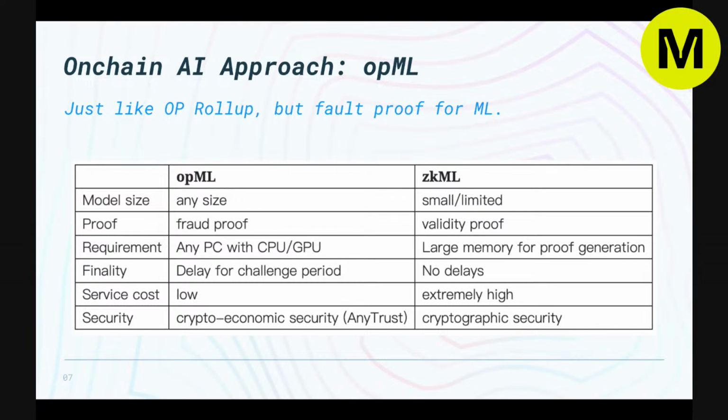For some reference, one ChatGPT inference takes around 200 milliseconds to respond. But if you use ZKML for outputting your inference and also generating the proof of inference, I think the latest benchmark from last year is that it will take 2 years, 2 days, sorry. 2 years is too crazy. 2 days to generate one inference for the GPT-2 model.